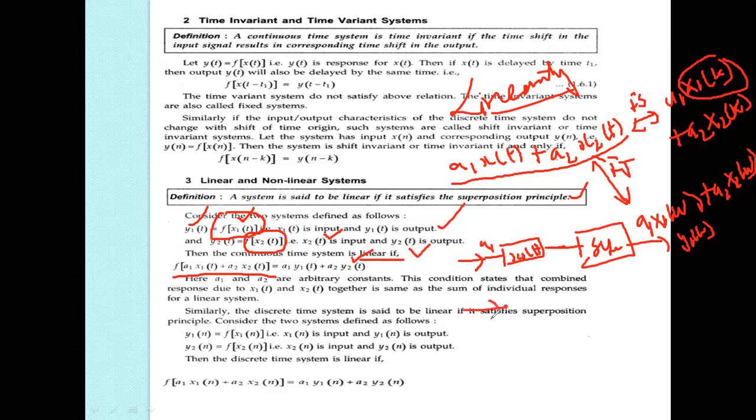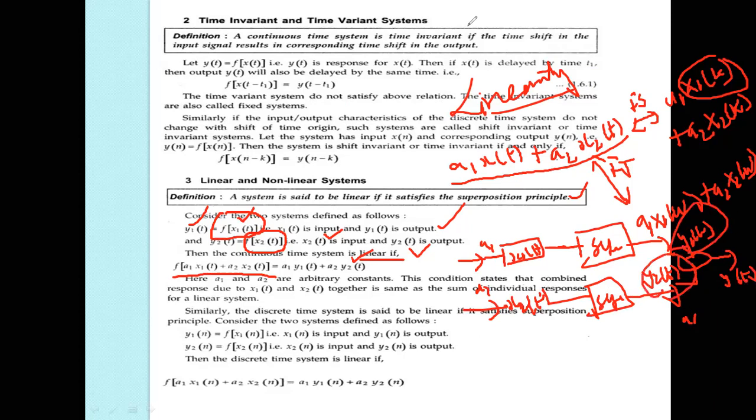Similarly, a2 is multiplied with x2 of t, which passes through the system. You get the output y2 of t, and adding the two functions, you'll get the y of t as a1 y1 of t plus a2 y2 of t. Okay.